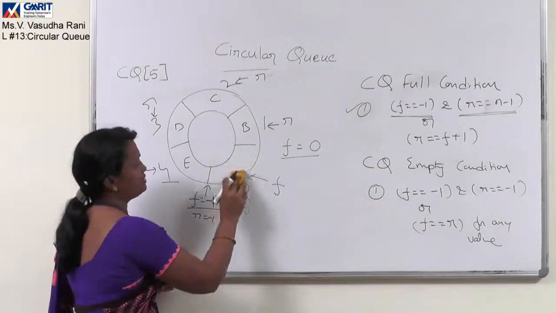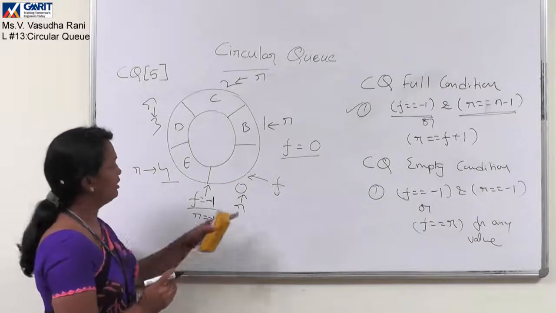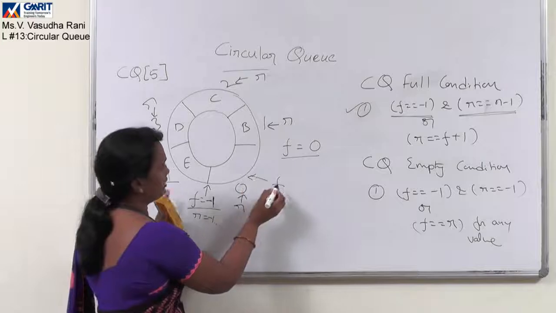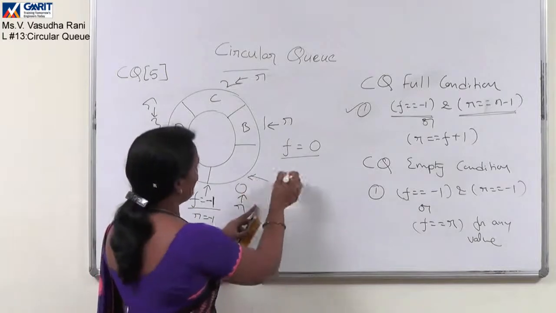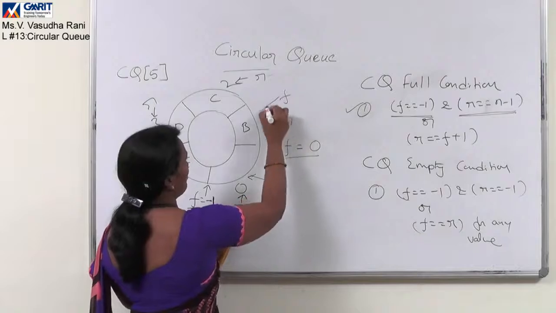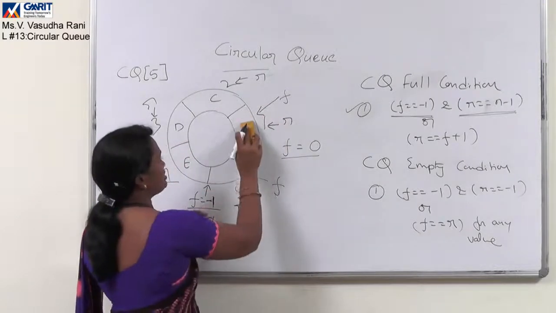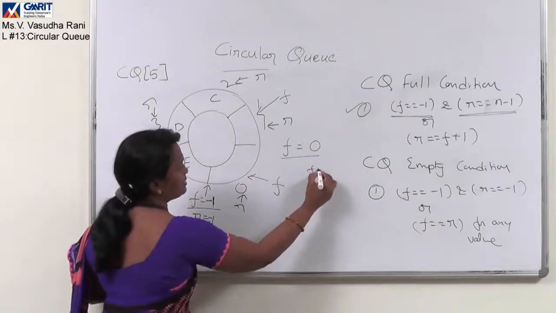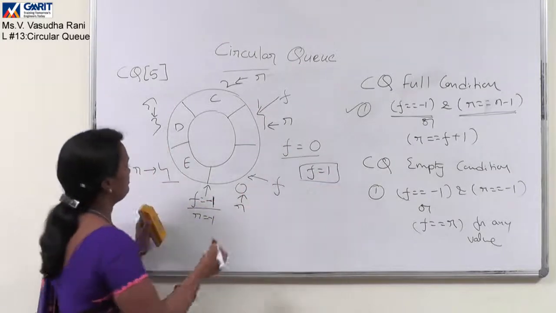So we have deleted this particular element. Now our front is 0 and rear is 4. Then you delete one more element, so your front will become 1 and this element is also deleted. So here our front is 1 now.